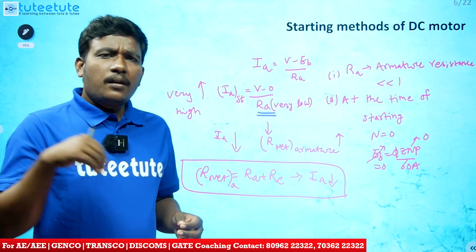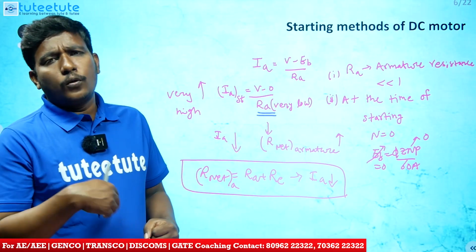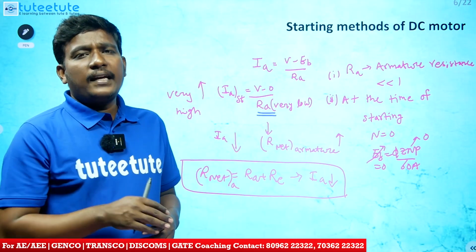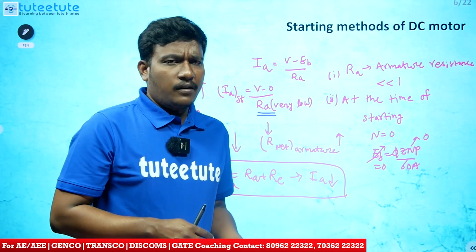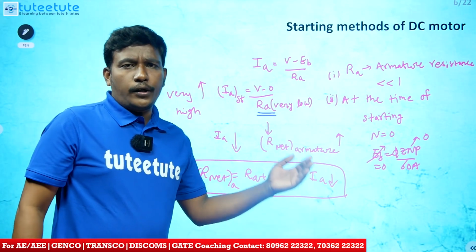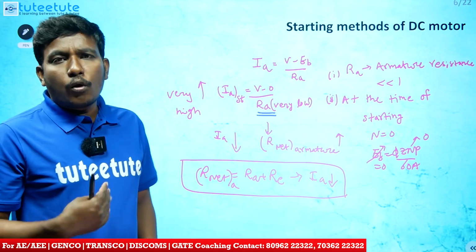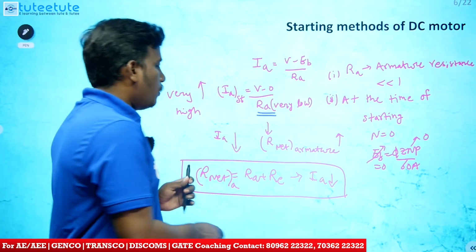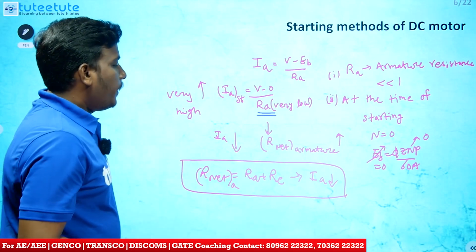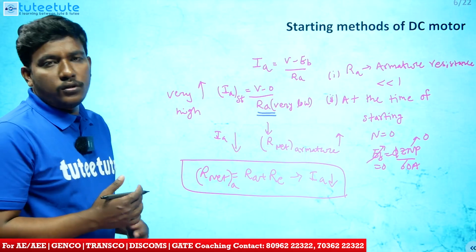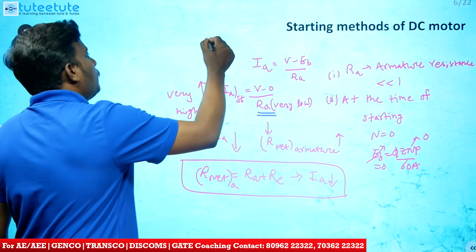In order to minimize the starting current, we increase the resistance of the armature by connecting external resistance to the armature winding. By that, the starting current comes down and our motor can operate at a safe current.